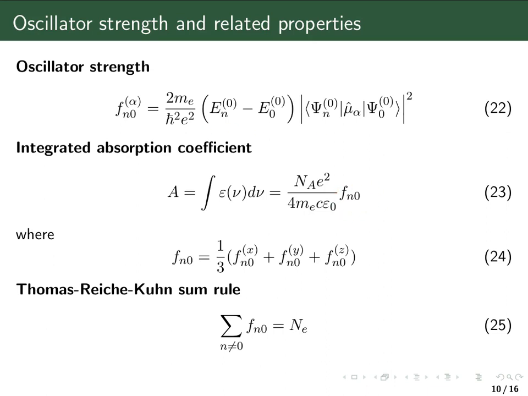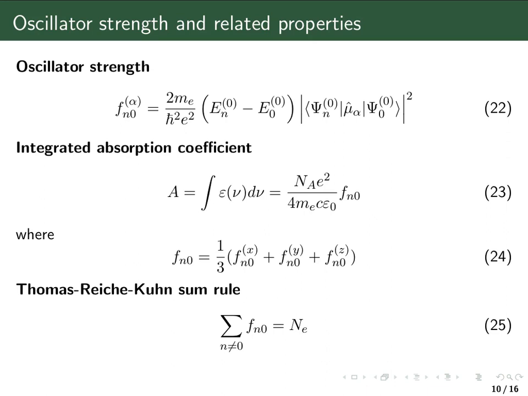So the oscillator strength is actually the property which we can extract from the spectrum. It's the area under our absorption peak, because if you integrate your extinction coefficient over the frequencies of your absorption, that just gives you the area underneath the peak. So this is directly proportional, with just some constants, to this oscillator strength.